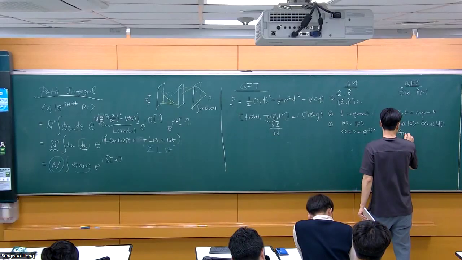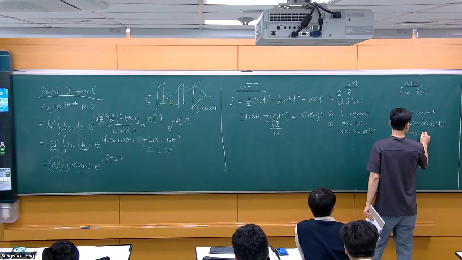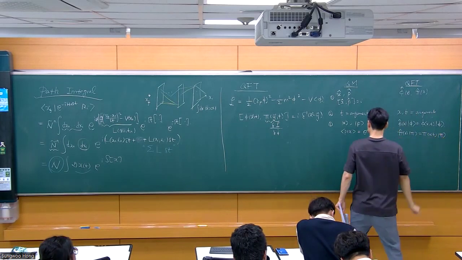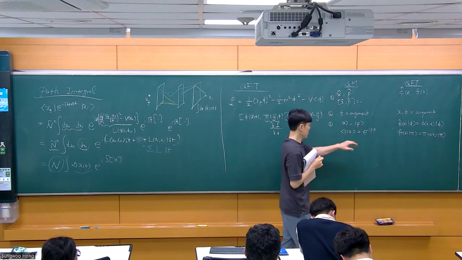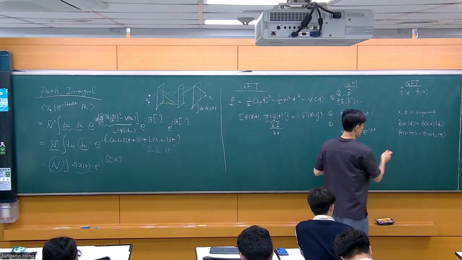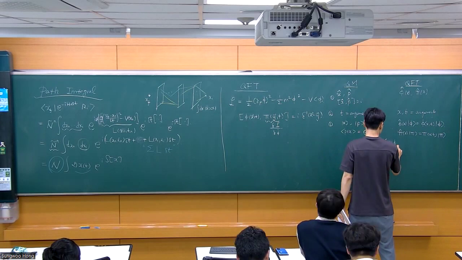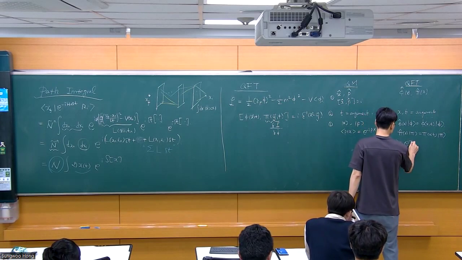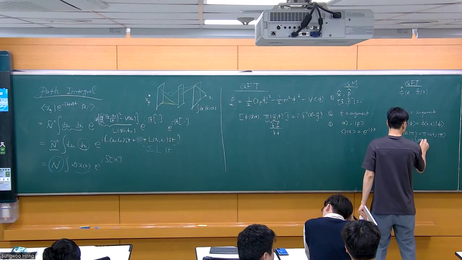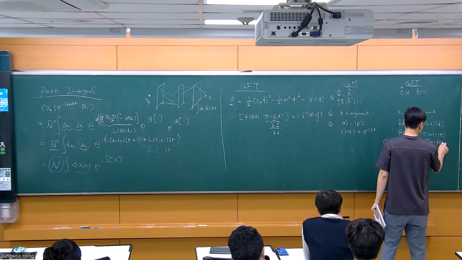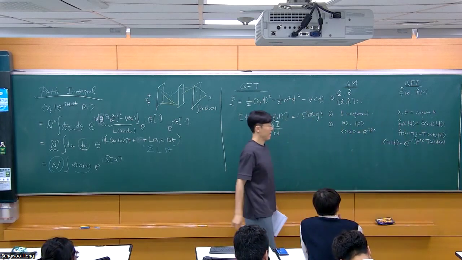Likewise, I can talk about this too. Okay, just like this set, x and p satisfy this relation. Here too, you can show that this satisfies e to the minus i, now an integral, and then this.